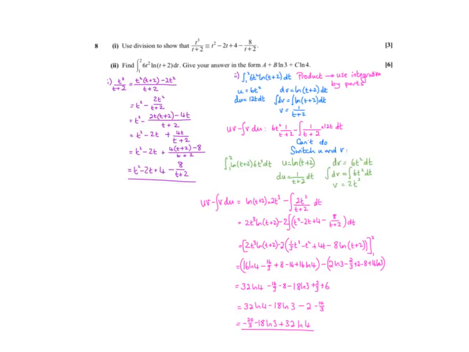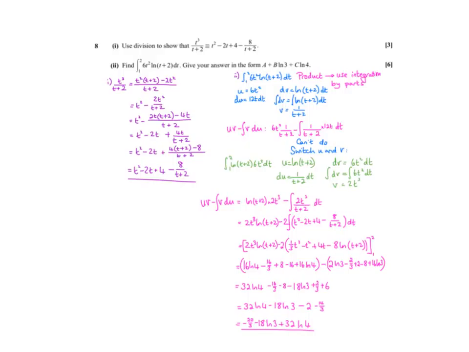So 2 times 2 cubed is 16 ln 4, take away 8 over 3 times 2, plus 4 times t is 8. Sorry, take 2 squared is take 4, times it by minus 2 is plus 8, 4t is 8, times by minus 2 is this, minus 16, and plus 16 ln 4.